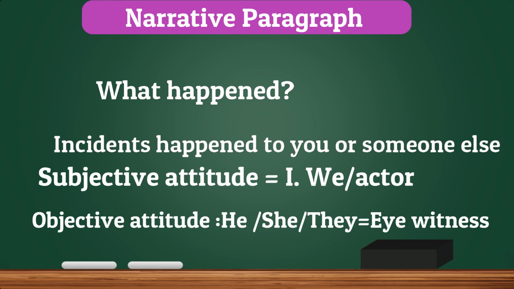But with the third person, as they or she or he, most of the time you are an eyewitness, and it is objective. So you focus only on what happened to them. You don't interfere.